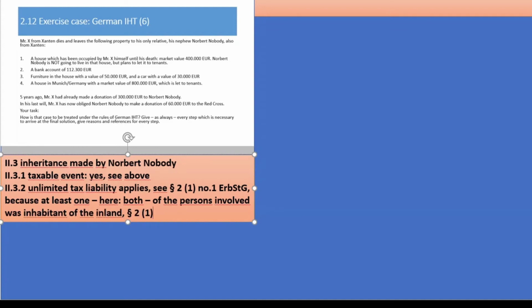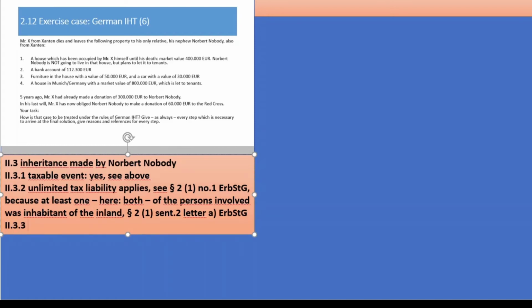Paragraph 2.1, sentence 2, letter A of the German Inheritance Tax Act, and 2.3.3, the tax arisal, so the date when the tax came into existence and which is relevant for determination of the value of the tax and all that.